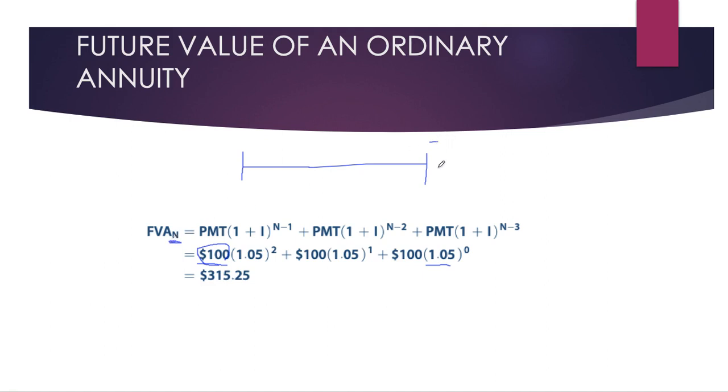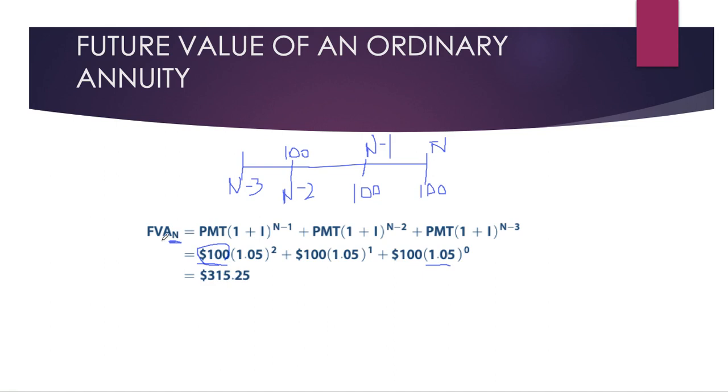Okay, so if we call this year n, so you have n minus 1, n minus 2, n minus 3. So basically, we are receiving this $100 here, and at the end of the last time period here, let's say.